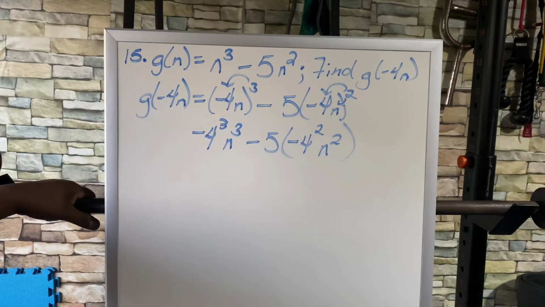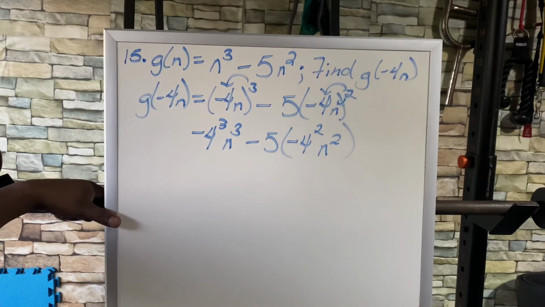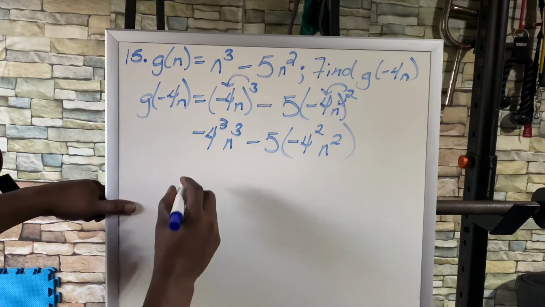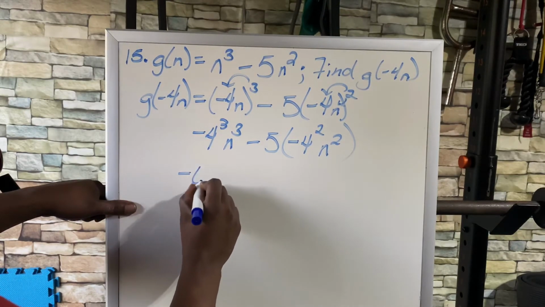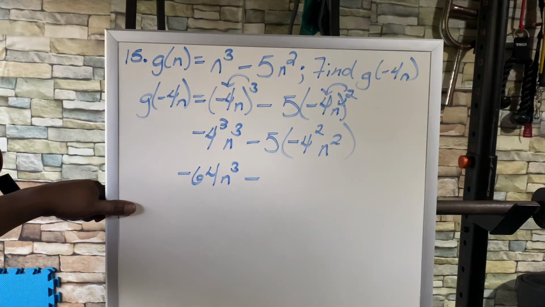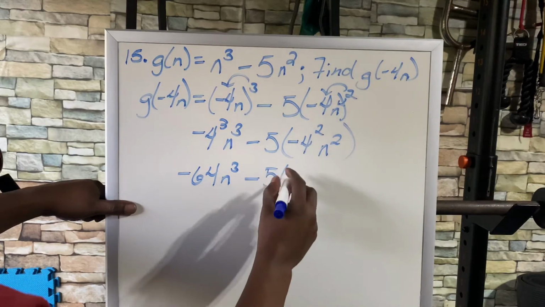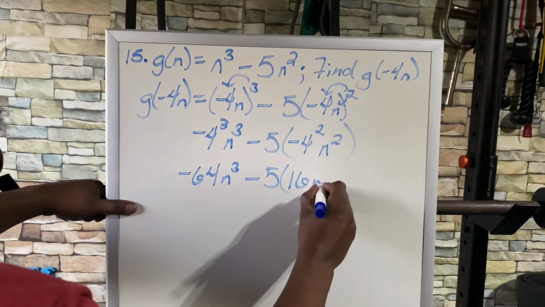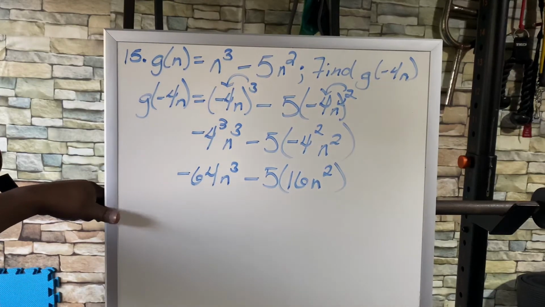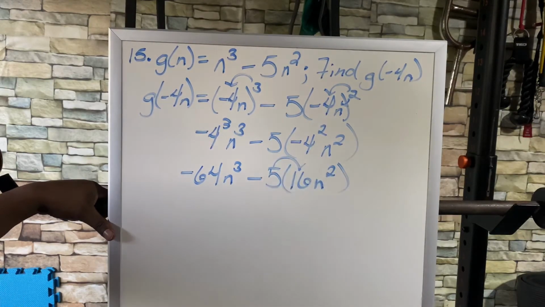Now we evaluate. We're going to evaluate negative 4 cubed. Negative 4 times negative 4 times negative 4 gives us negative 64n cubed, minus, we're going to work with the parentheses right here first. Negative 4 squared is positive 16n squared. Next, we multiply.